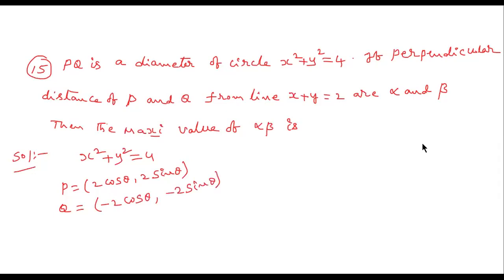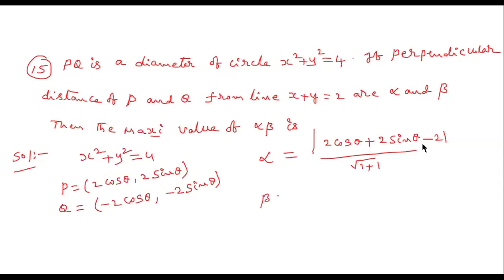So by using the circle, we got the parametric equations of points P and Q. Now what is alpha? Alpha is equal to the perpendicular distance from point P to the line. Apply the perpendicular distance formula. Here we get 2 cos theta plus 2 sin theta minus 2 divided by under root 1 plus 1.